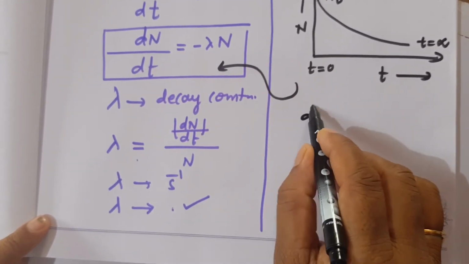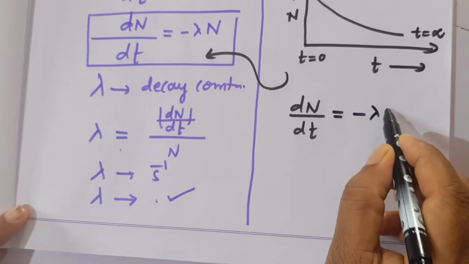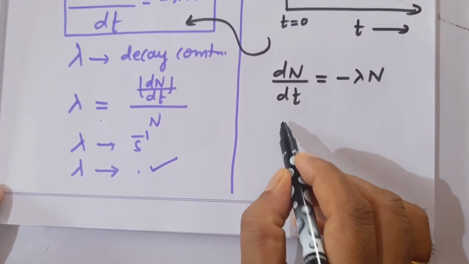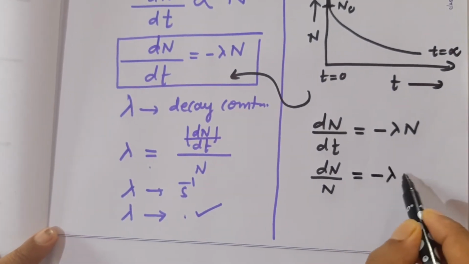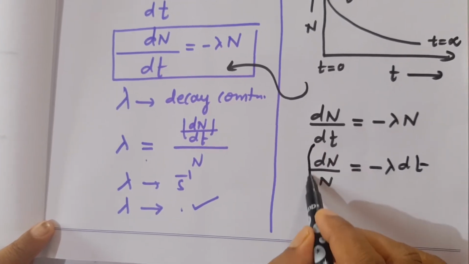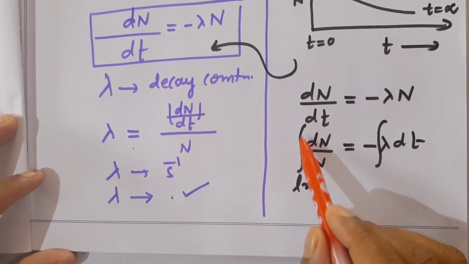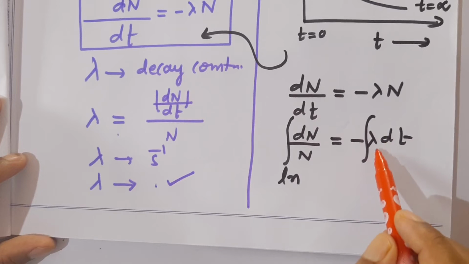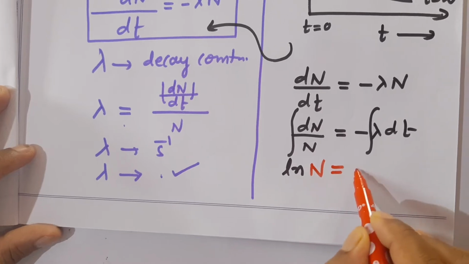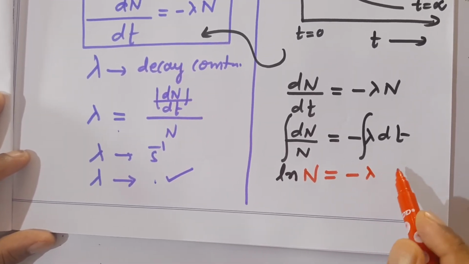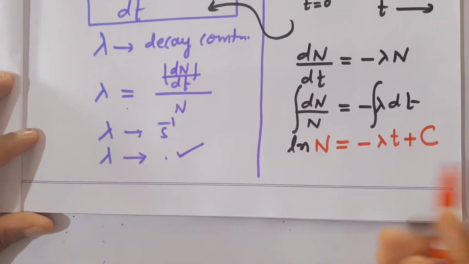Now consider the equation dN by dt equals minus lambda N. Writing N terms on one side, dN by N equals minus lambda dt. Integrating both sides, integral of dN by N equals minus lambda times integral of dt. The integral of dN by N gives log N, equals minus lambda t plus an integration constant c.